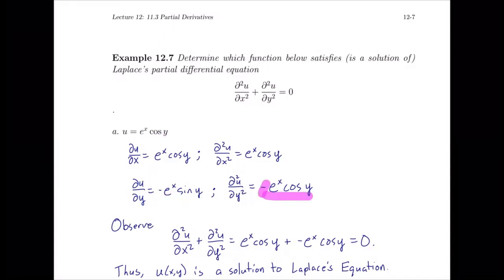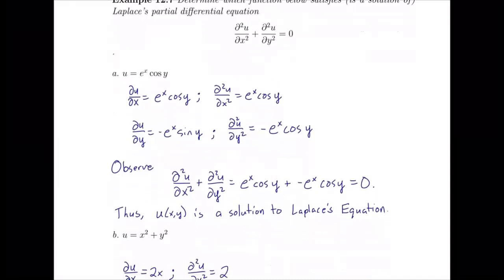The negative's still there, and we can confirm that this actually is a solution of Laplace's equation by starting from the beginning of the equation on the left. We add the second partial of u with respect to x plus the second partial of u with respect to y, and those in fact add to 0, and that's exactly what Laplace's equation states. So this is a solution to Laplace's equation.